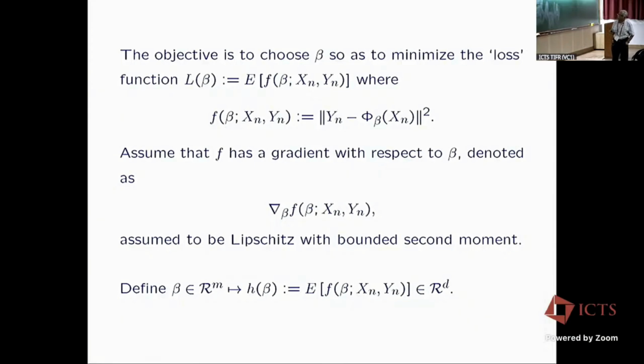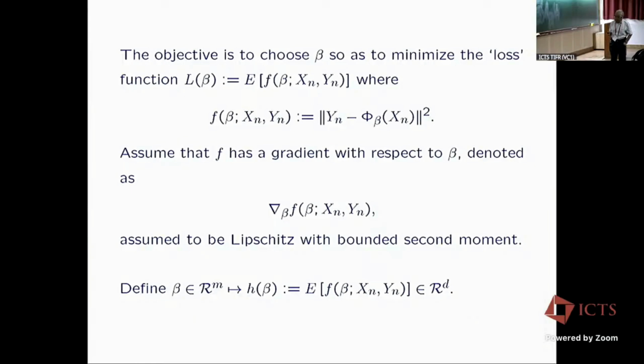And I'll assume that f is also continuously differentiable with respect to beta, and denote by grad sub beta the gradient with respect to beta, which I assume to be Lipschitz, also with bounded second moment. Some of these assumptions are not going to show up at all because I'm not going into detail, but nevertheless it's good to have them.